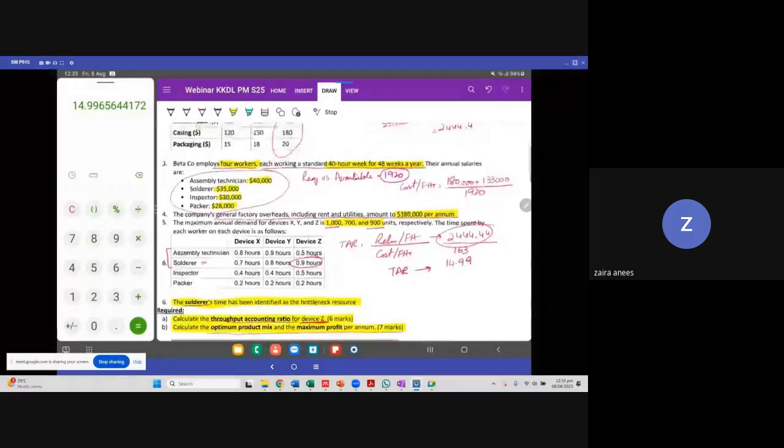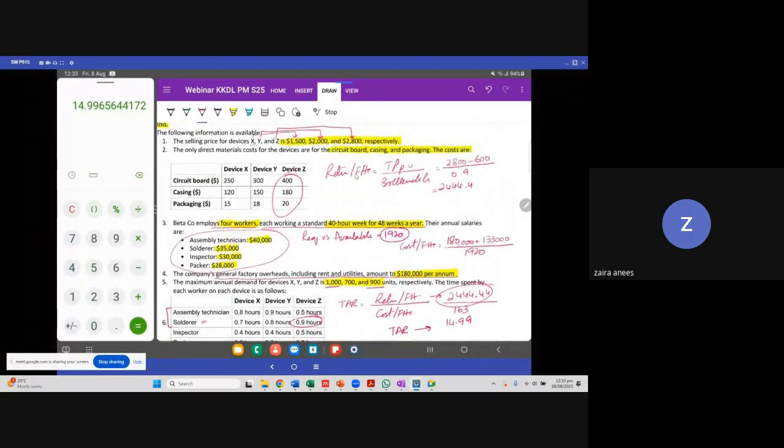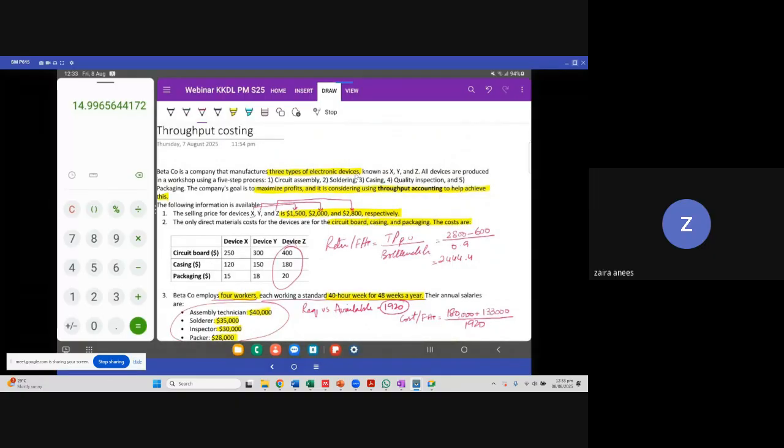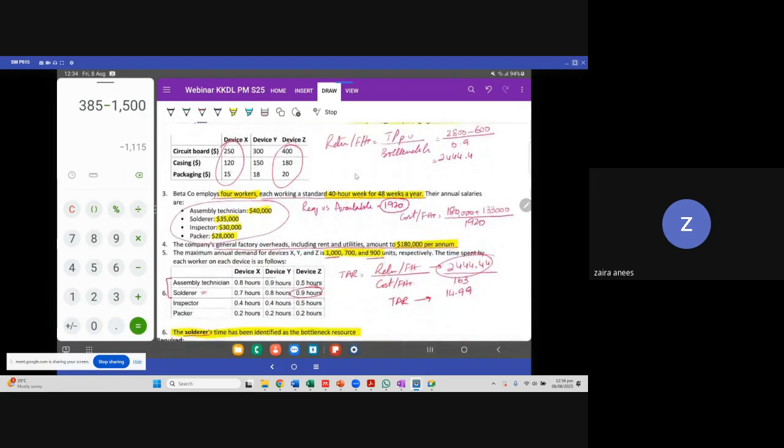Let's quickly calculate it for X and Y. The selling price of X is 1,500 minus 250 plus 120 plus 15, which is 385. 1,500 minus 385 is 1,115. Divided by the bottleneck time, which is 0.7.